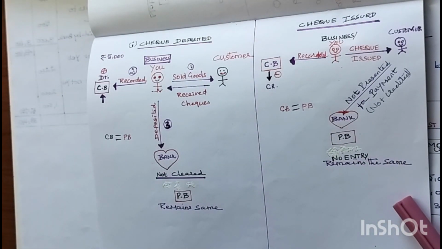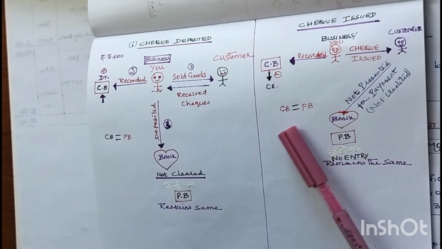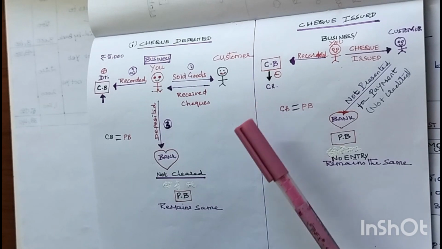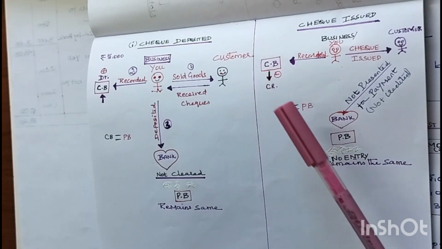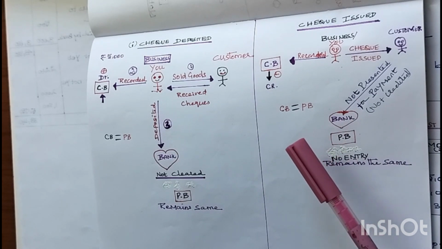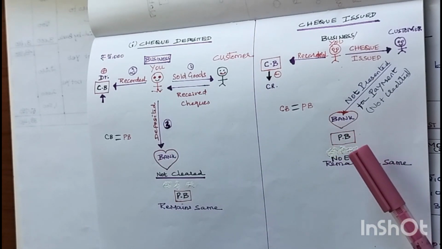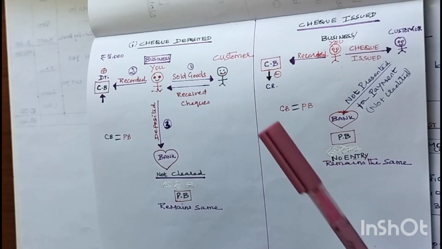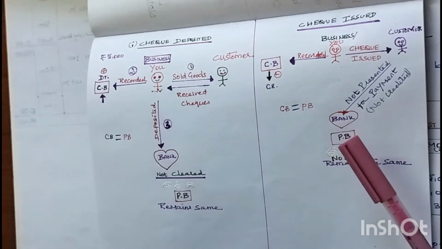What do we have to do now? We need to match up, or show the same balance on the passbook as per the cash book. Listen carefully. Okay, so for that we need to subtract this transaction.